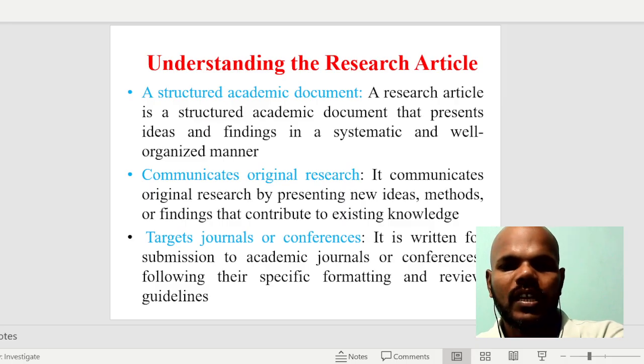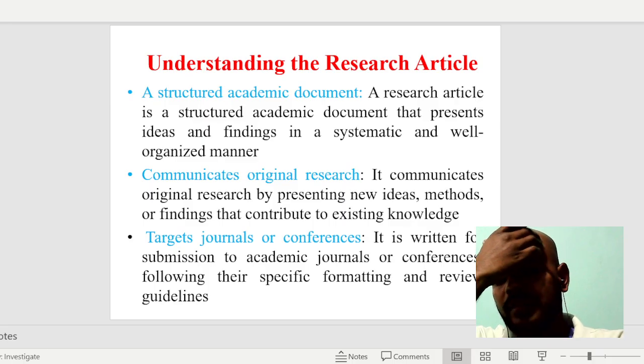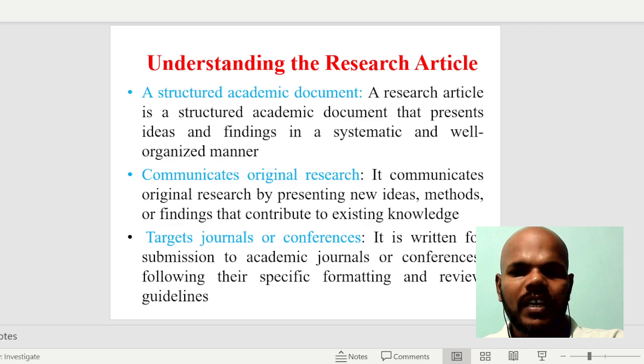Those who have newly started research, for them it will be helpful. Previously I uploaded how to read a research article and how to write a research article.